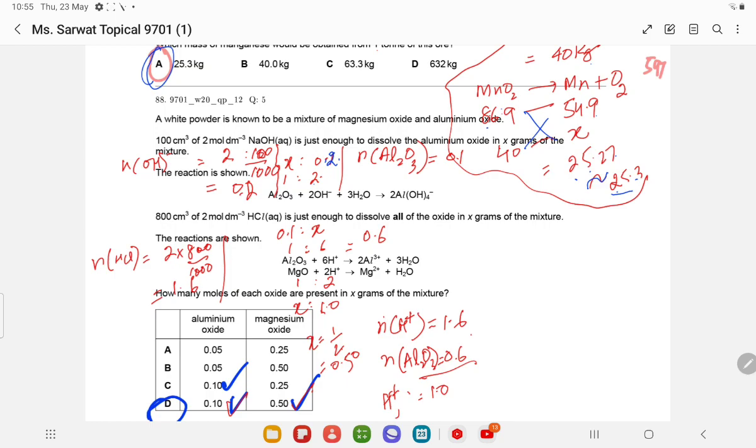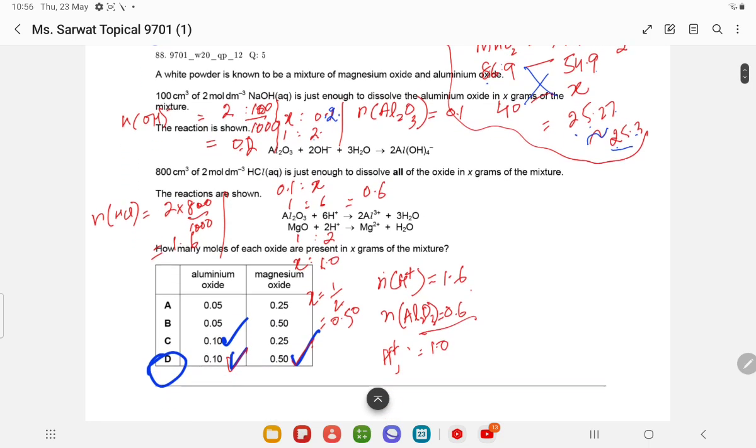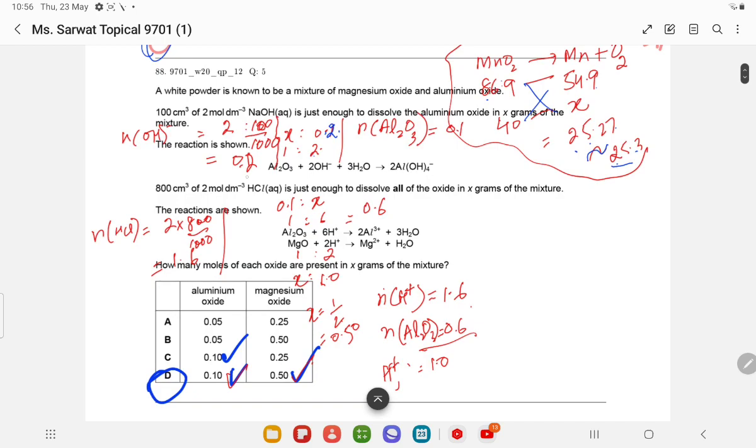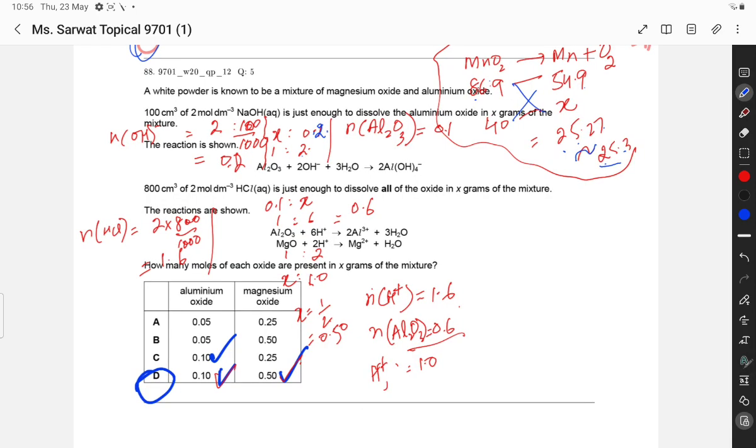The reactions are shown. So these are the moles of aluminum oxide and sodium hydroxide. The moles of sodium hydroxide is 0.2, and by using the mole ratio we get the mole of aluminum oxide, which is equal to 0.1.